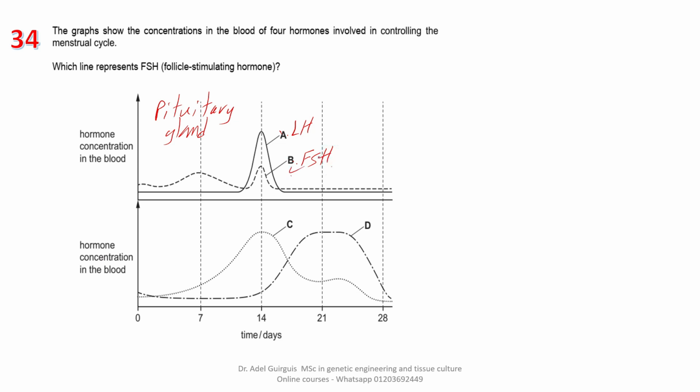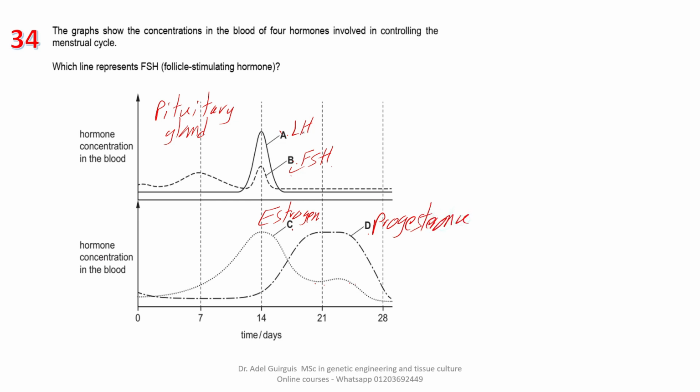So the answer is B. It's okay. What about our discussion in this question? For letter C, estradiol or estrogen? Estrogen hormone. Estrogen is secreted from the follicle, then secreted from the corpus luteum beside progesterone. Progesterone.